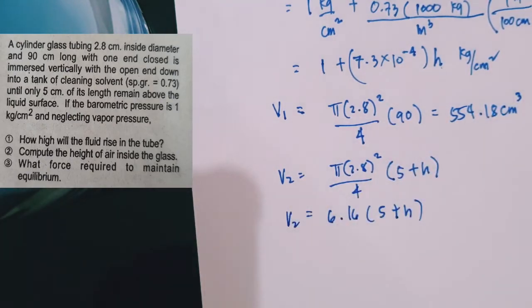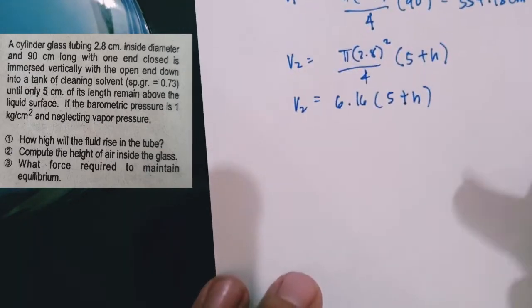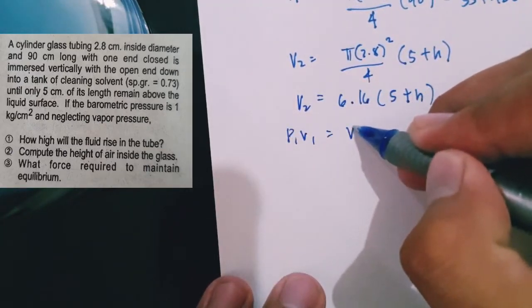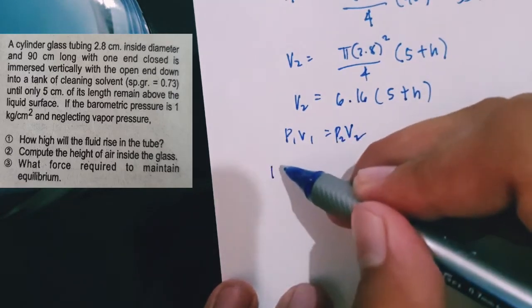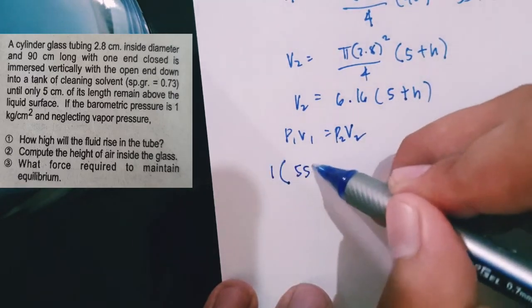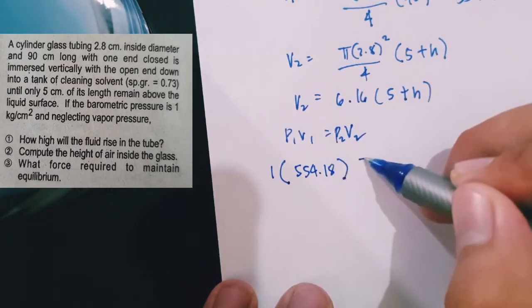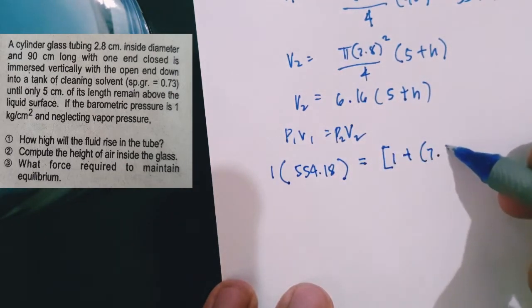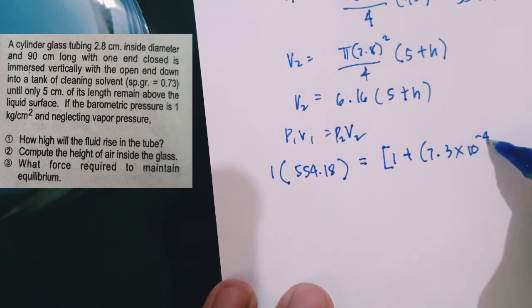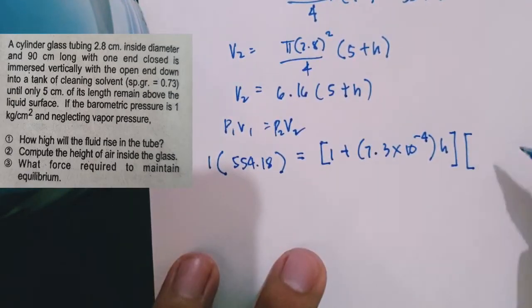Okay? So, pwede na nato siya ma-equate into P1 V1 is equal to P2 V2. 1 times 554.18 cm cube, 1 plus 7.3 times 10 to the negative 4 h for P2. Then V2, we have 6.165 plus h.